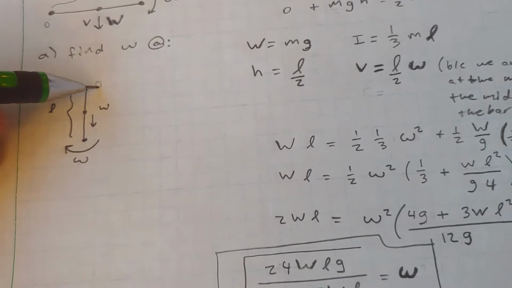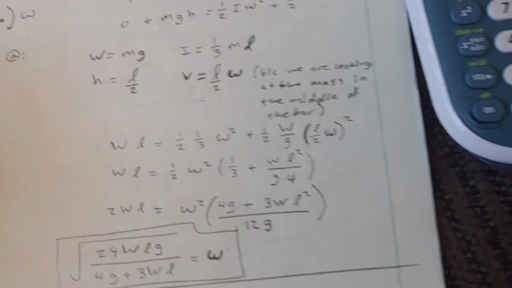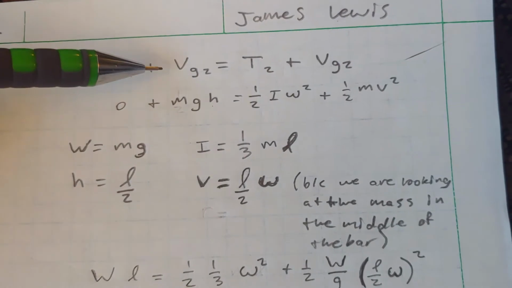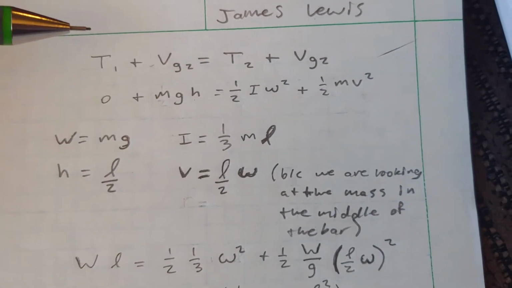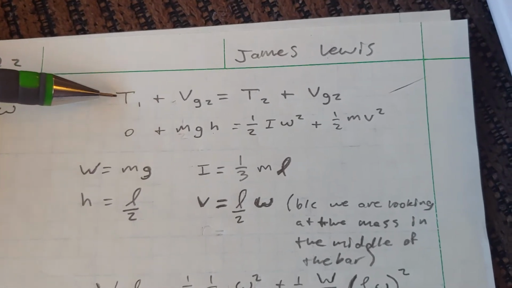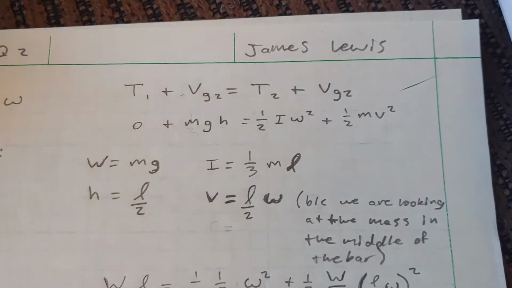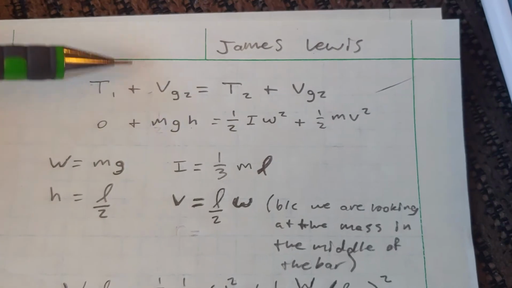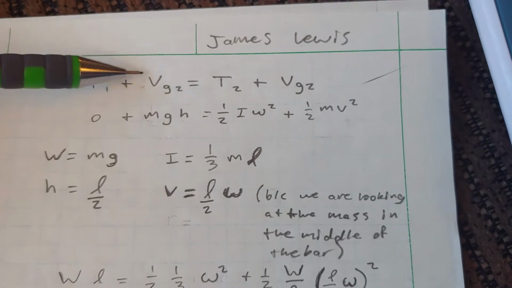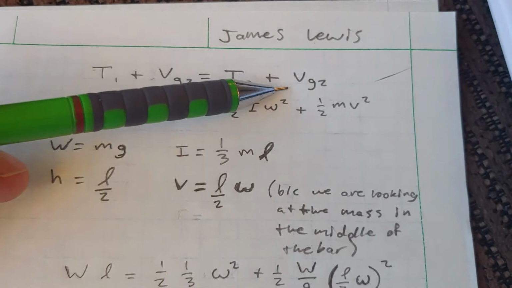Here's our O again, our origin. We have our length, our weight, which is pointing downwards, and our angular velocity. So for this one, there's no work done on it, but there is a gravitational potential energy. So we're going to set up our equation: our initial kinetic energy plus our initial gravitational potential energy equals our final kinetic energy plus our final potential energy.